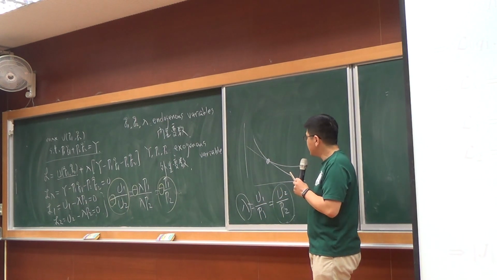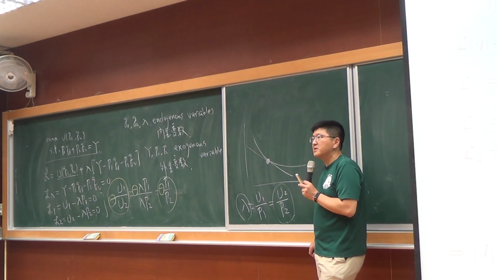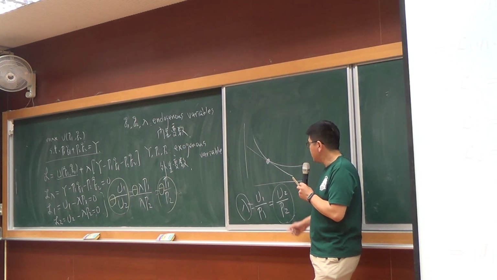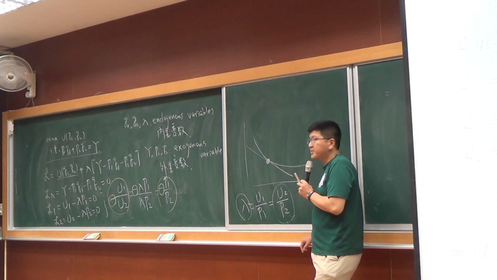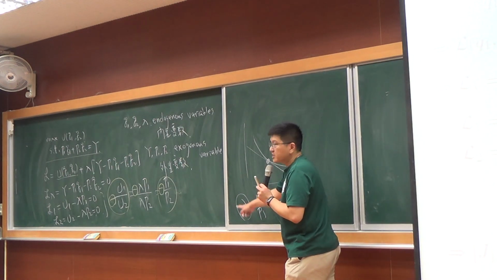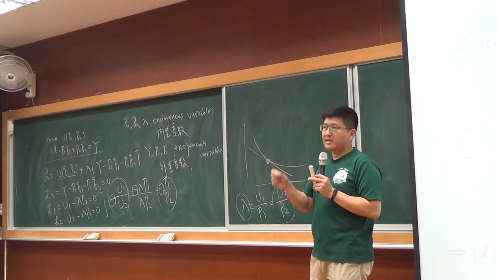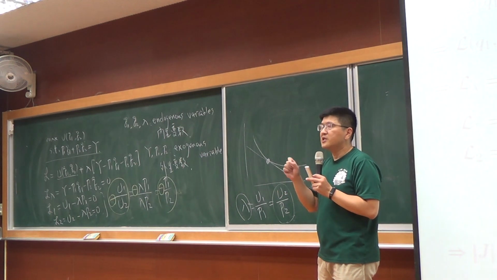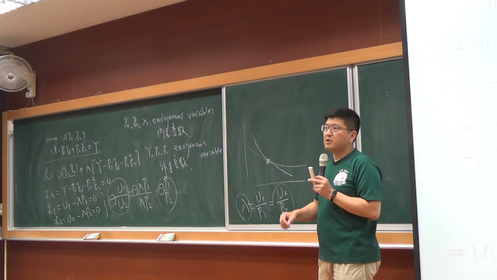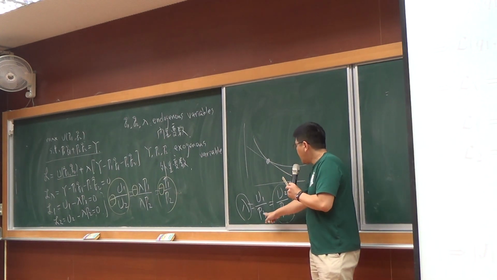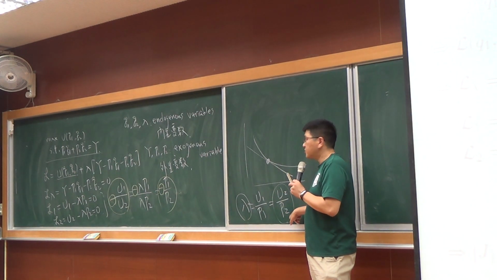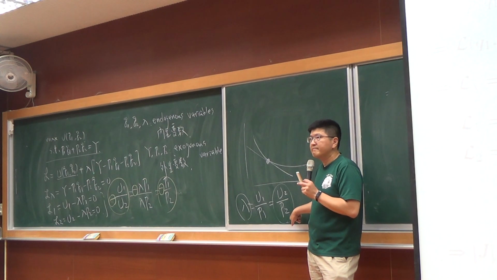From another perspective, we have lambda equals u1 over p1 equals u2 over p2. And the interpretation here is that the marginal utility we may derive from the last $1, be it on good 1 or good 2, must be the same.